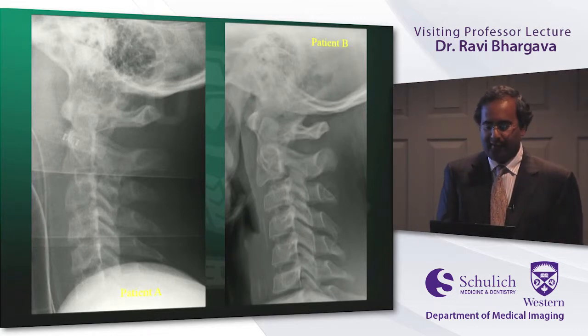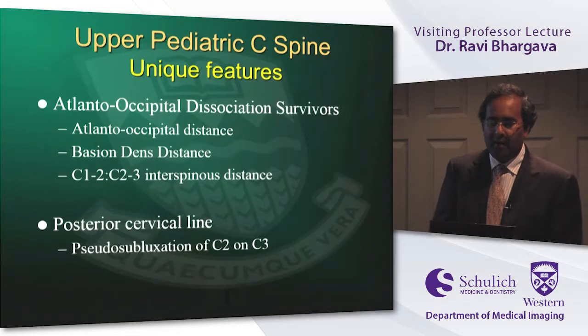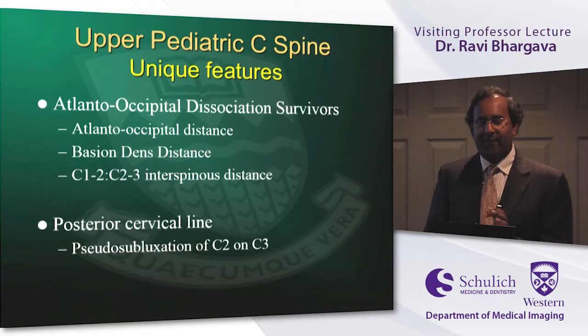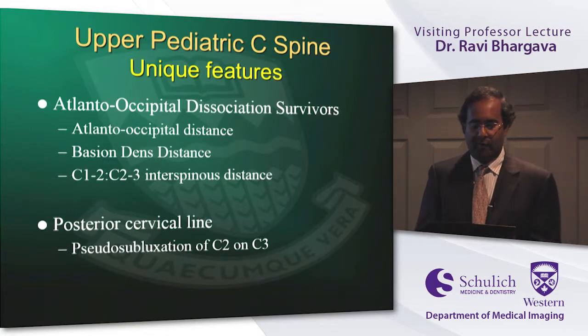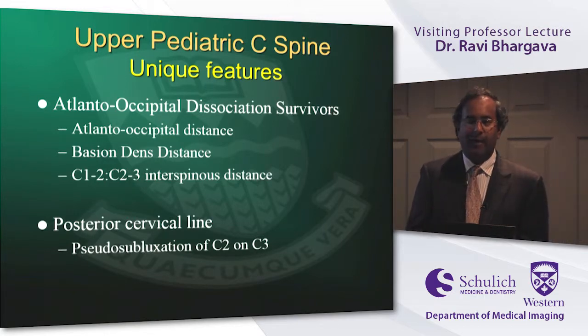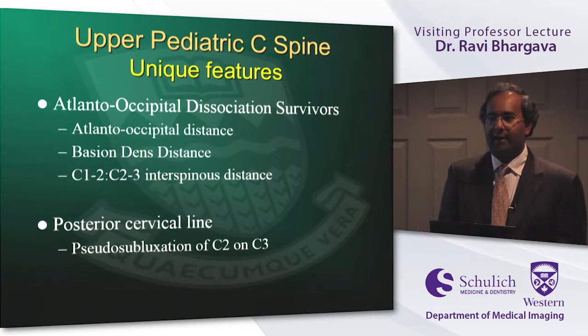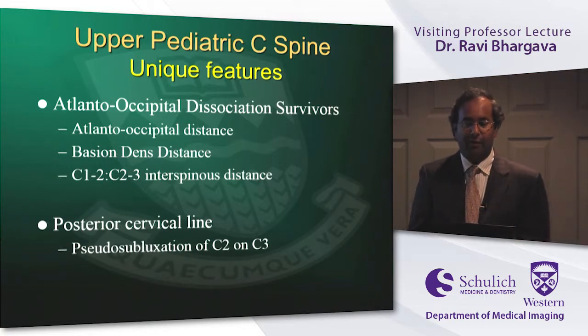All right, so let's look at these. The upper pediatric C-spine has some very unique features in children. One is, if you have atlanto-occipital dissociation as a child, you can survive. It's very uncommon for that to happen in adults. And so there are 3 measurements that people have looked at to try to diagnose atlanto-occipital dissociation in children.